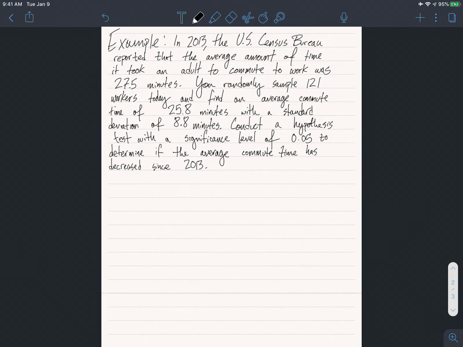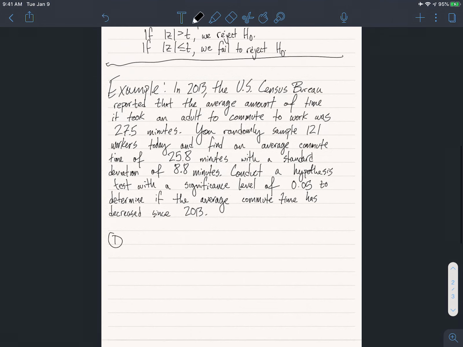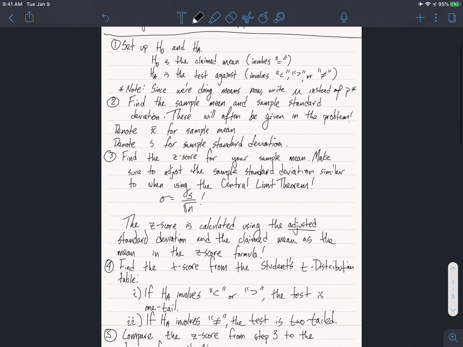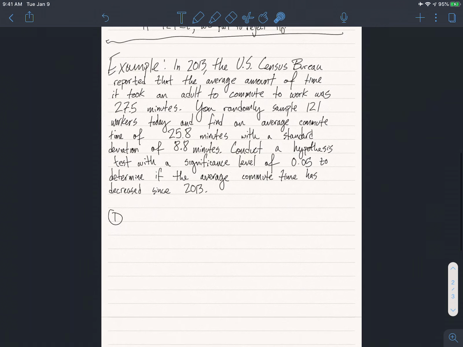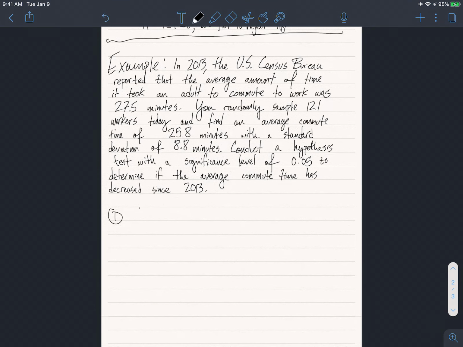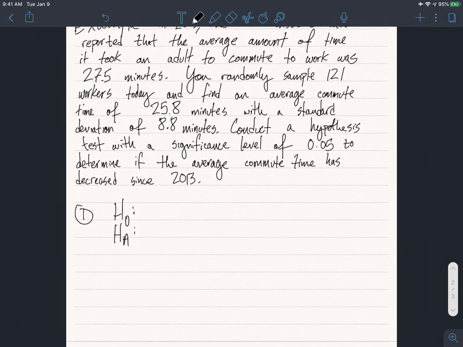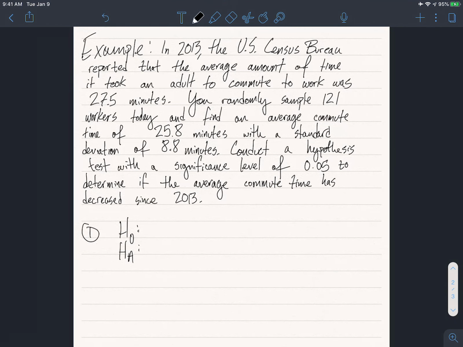All right, so let's go through the actual steps of the solution. The first thing in my steps to hypothesis test the mean was to set up H0 and HA, right? And we've done this a few times now. So what is the null hypothesis? Well, what was being claimed?